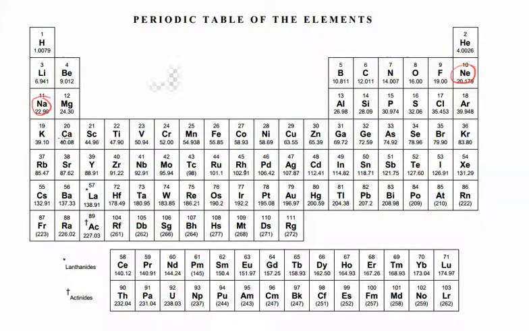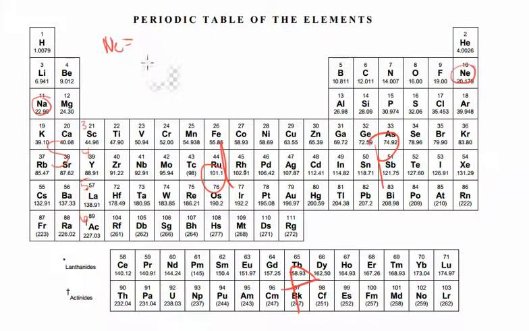Before we do that, remember this is the S block, this is the D block, this is the P block, and down here we have the F block. We won't do anything with the F block. The other thing to remember is that D starts at 3. So let's look at neon.